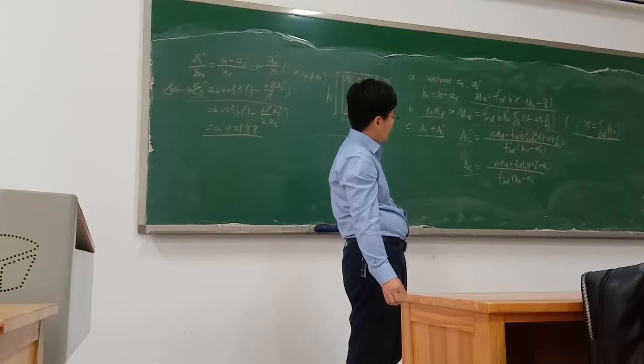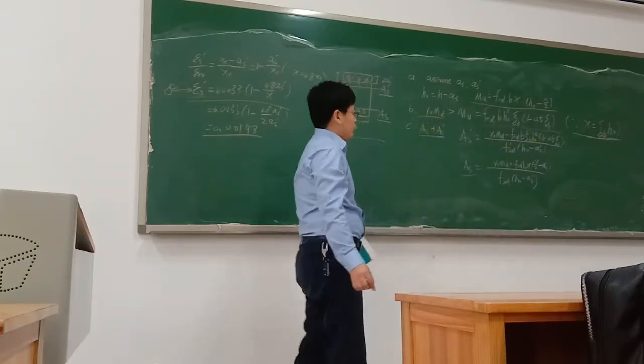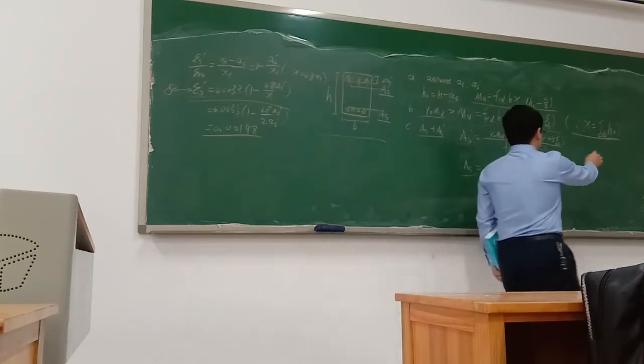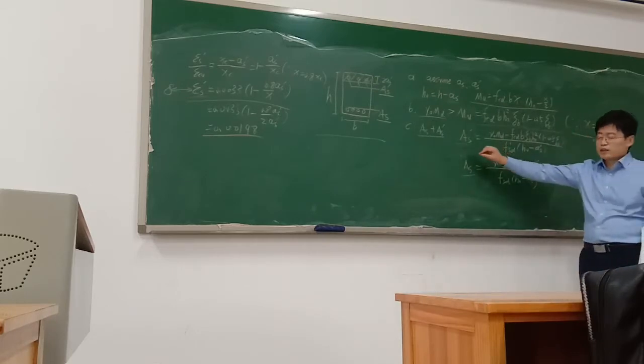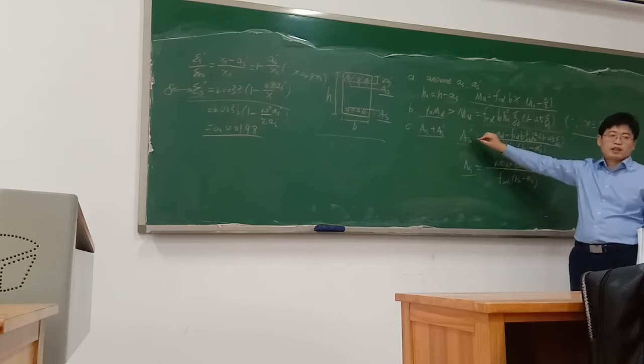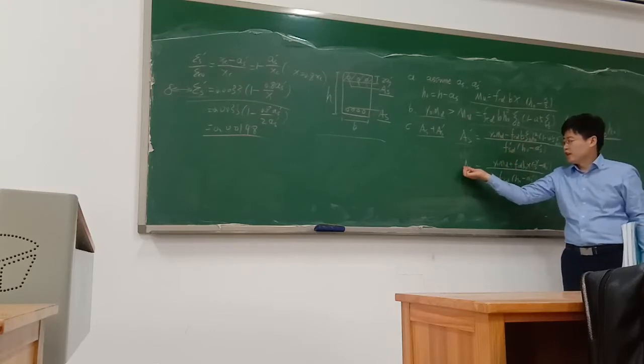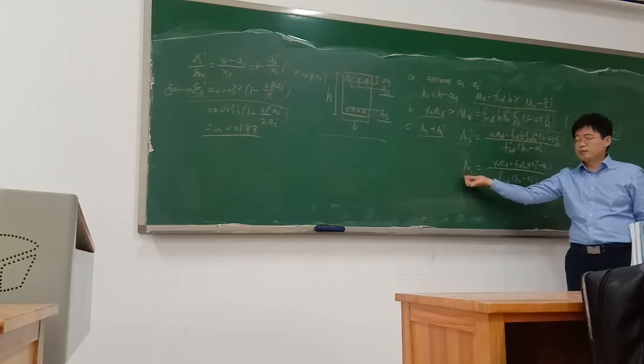If AS becomes big, that means AS prime will be smaller. If we use X equal to CB H0, this result for AS prime is the most economical result, and it means the tensile reinforcement has been fully used.